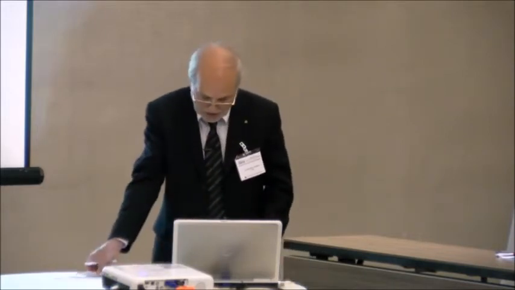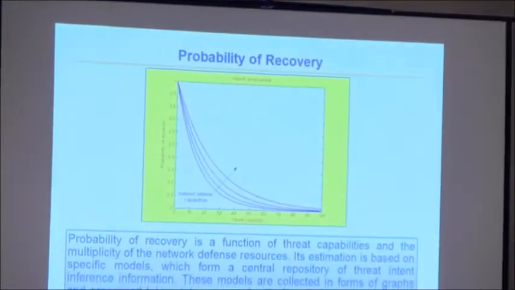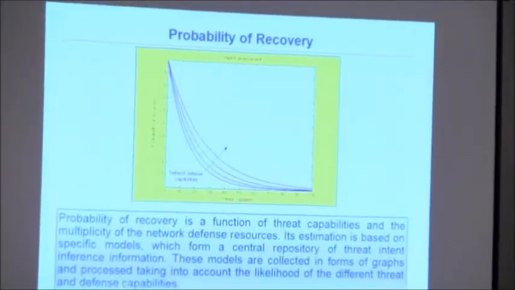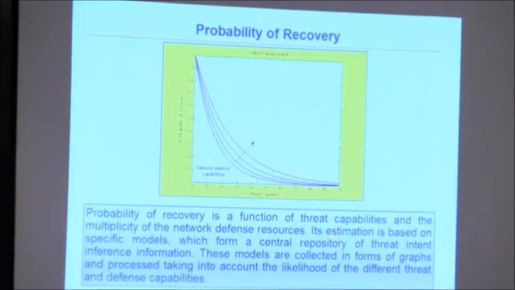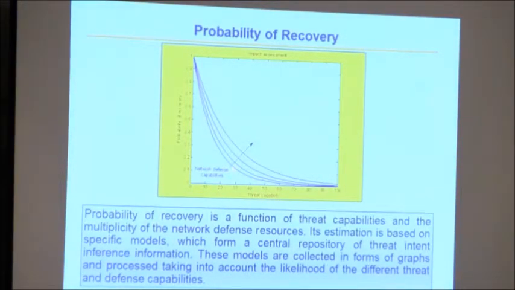I can show what happens as a summary of the experiment that we made by applying this level. What happens? By knowing the threat capability and as much as we know our network defense capabilities, we go on with increasing the probability of recovery.